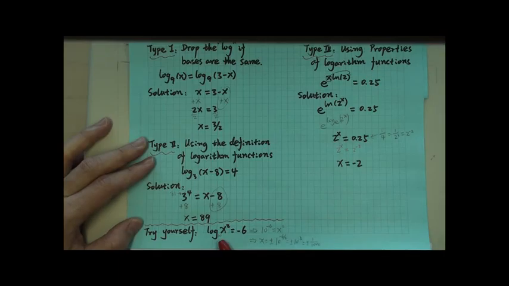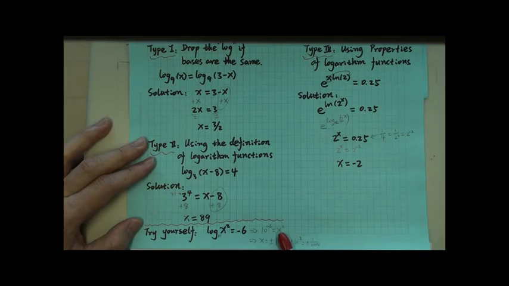We know again, log is always used to find out exponents. Here the exponent is negative 6. Exponent of what? Exponent of this 10. 10 to the negative 6 is x squared.